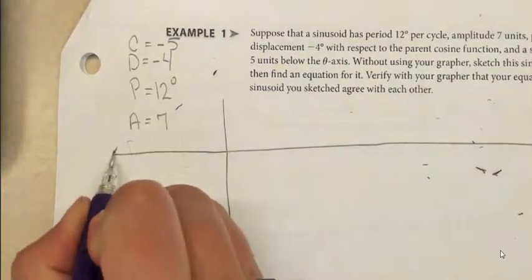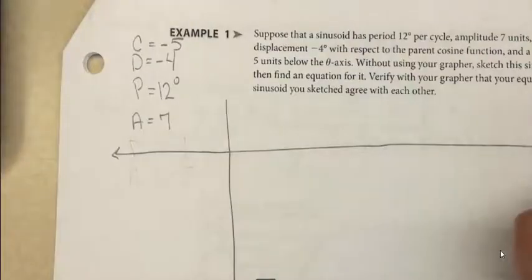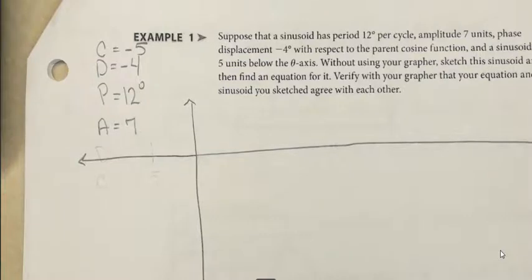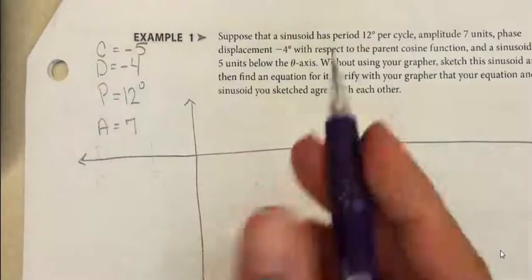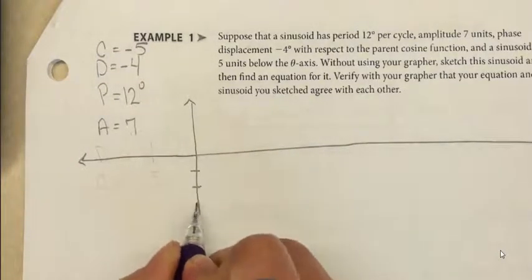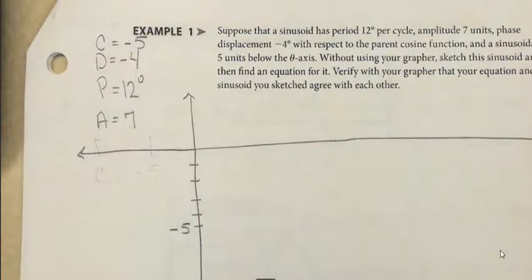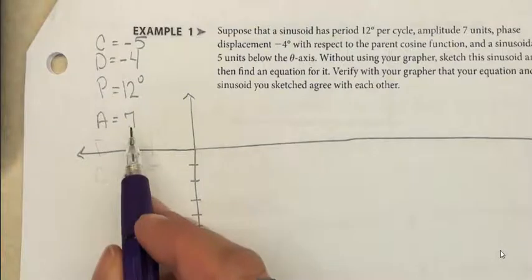And you're more than welcome to use graph paper. I'm going to do this without using graph paper. So my midline is down 5, and my amplitude is 7 from that.